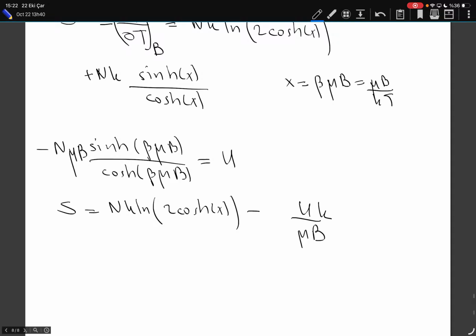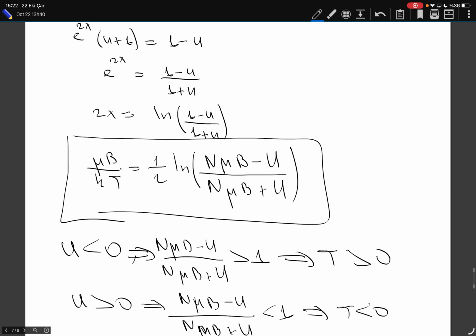Well, cosine hyperbolic x is, remember, e to the power x plus e to the power minus x over 2. Now, I had calculated e to the power x.